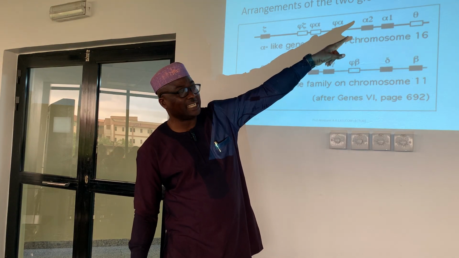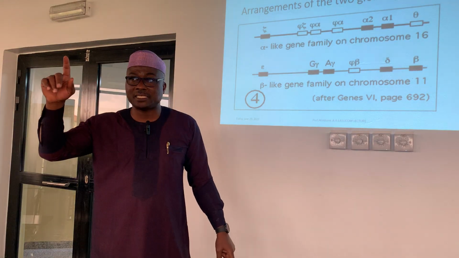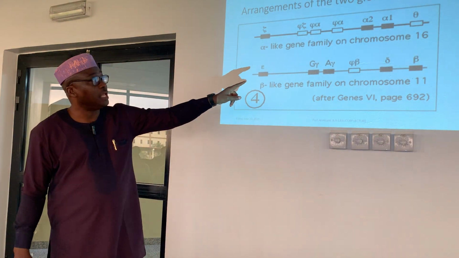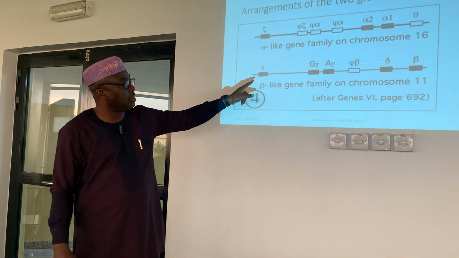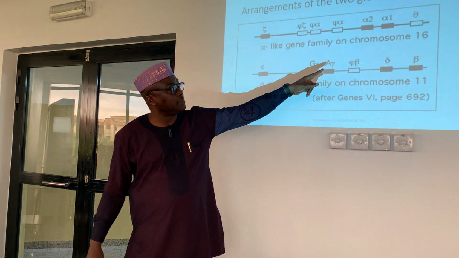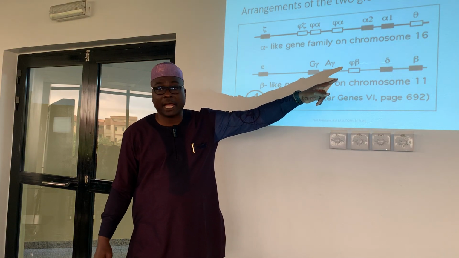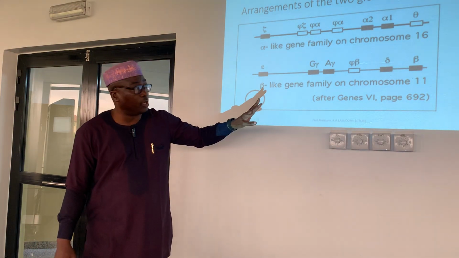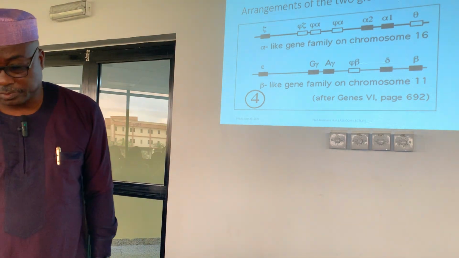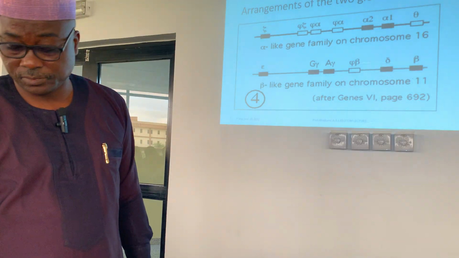That's theta, it's also alpha-like. And the beta cluster has epsilon, gamma, whether it's glycine or alanine, psi beta, delta, and beta. So these are located on chromosome 11.